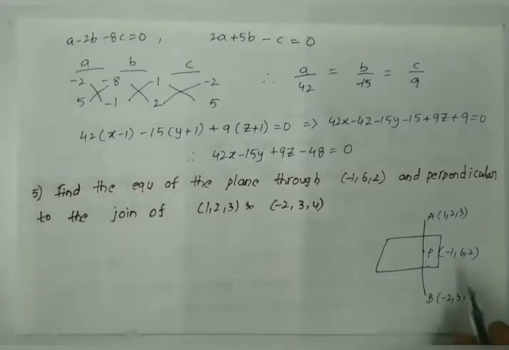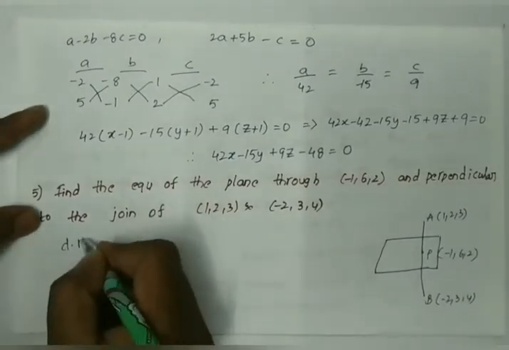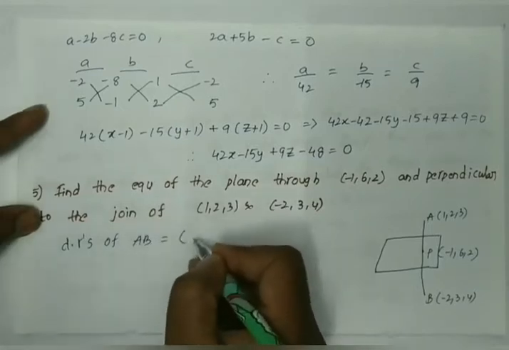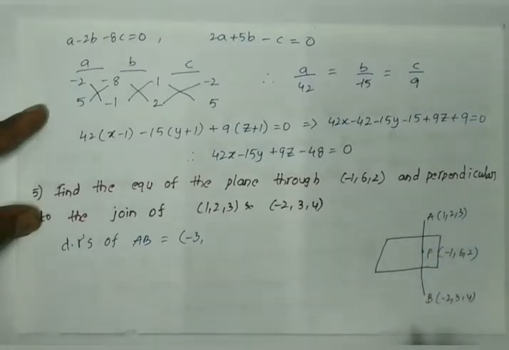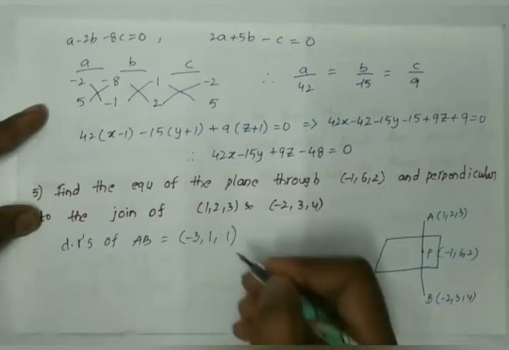So here first we have to find the direction ratios of AB. Direction ratios of AB will be equal to -2 minus 1 is nothing but -3, 3 minus 2 is nothing but 1, 4 minus 3 is nothing but 1.